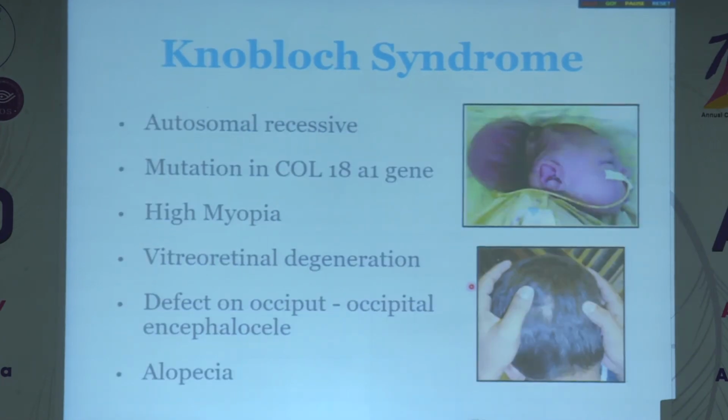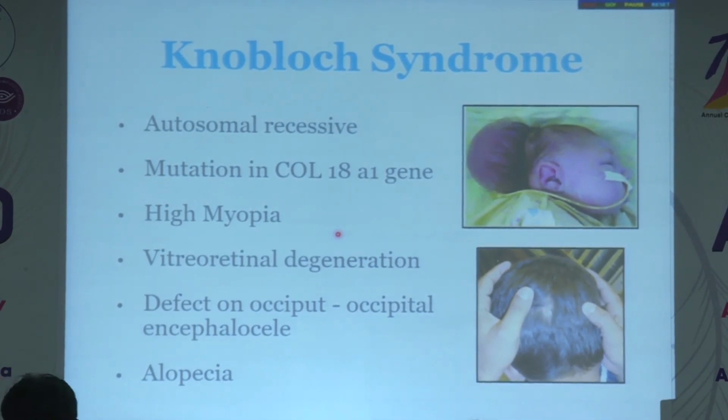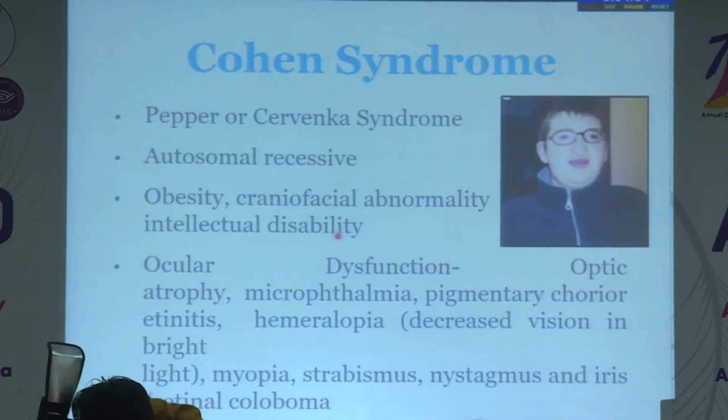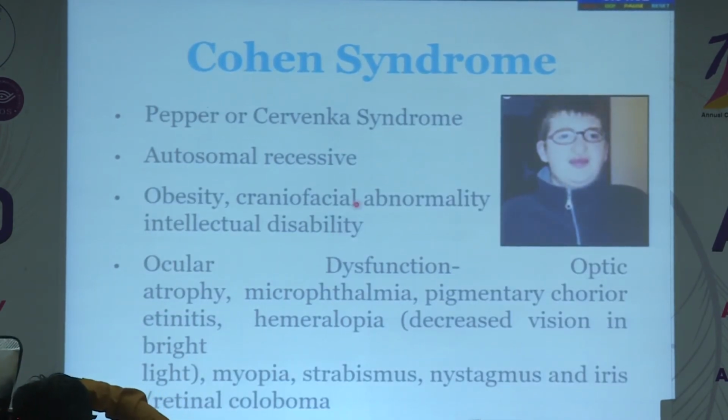If you see a defect in the occiput or alopecia in this region, you should think of Knobloch syndrome, which is basically due to the occipital encephalocele. These kids generally have very high myopia with vitreoretinal degeneration and alopecia. The next is the Cohen syndrome, which is also called the Pepper or the Cervenka syndrome.